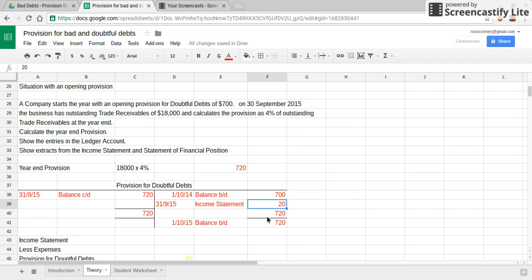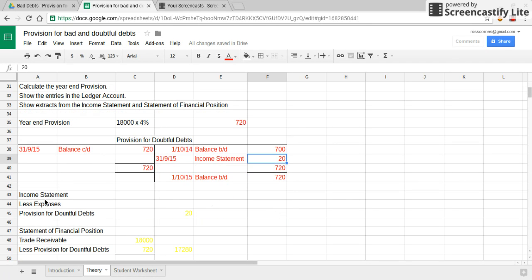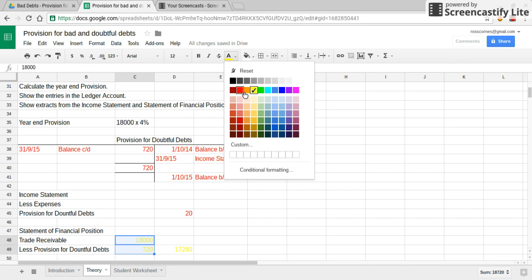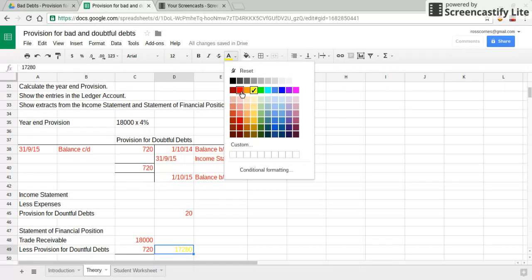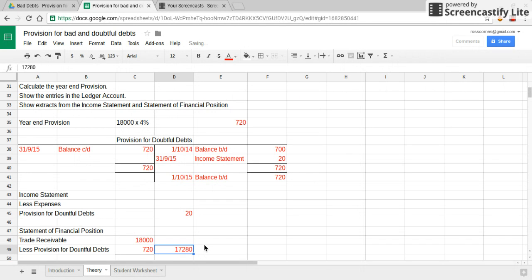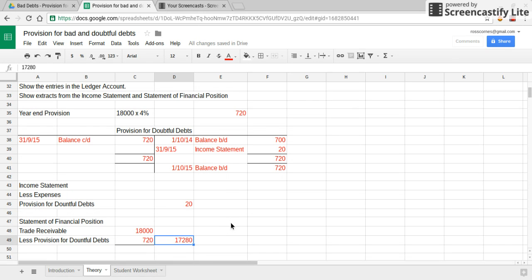So we've increased the provision, we need to put in an additional expense, and the way that's going to appear in the income statement is we're going to get an expense of $20, and we're going to use the balance carried forward to reduce the trade receivables. So we do trade receivables less provision for doubtful debts, and that gives us a real figure for our trade receivables that we'll then use as part of our current assets of 17,280.